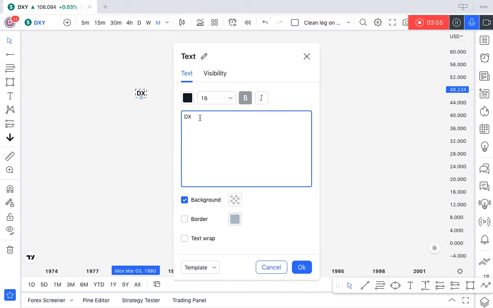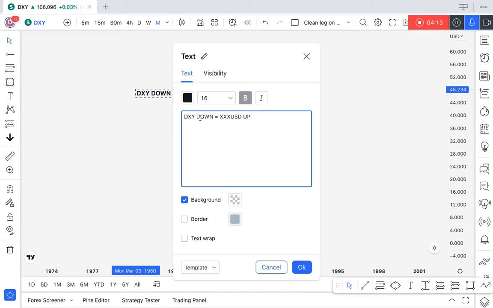So here is the cheat code, guys. If the XY is down, the XY down equals XXX USD up.